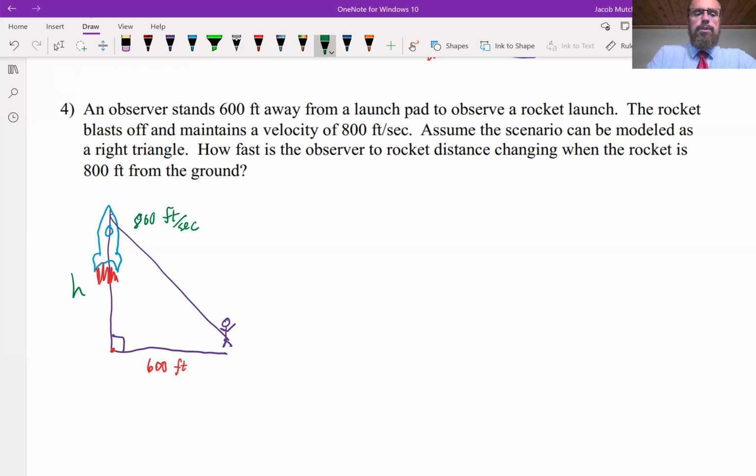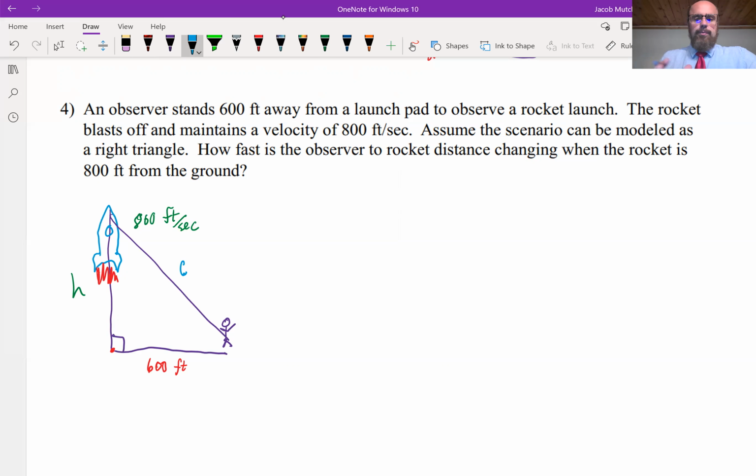The other leg, which is the distance from the launch pad back to the observer, that's fixed at 600 feet. Now we are really interested in this hypotenuse, so that's that observer to rocket distance, and the way we'll label that is as C, since in a right triangle that side would be the C side.